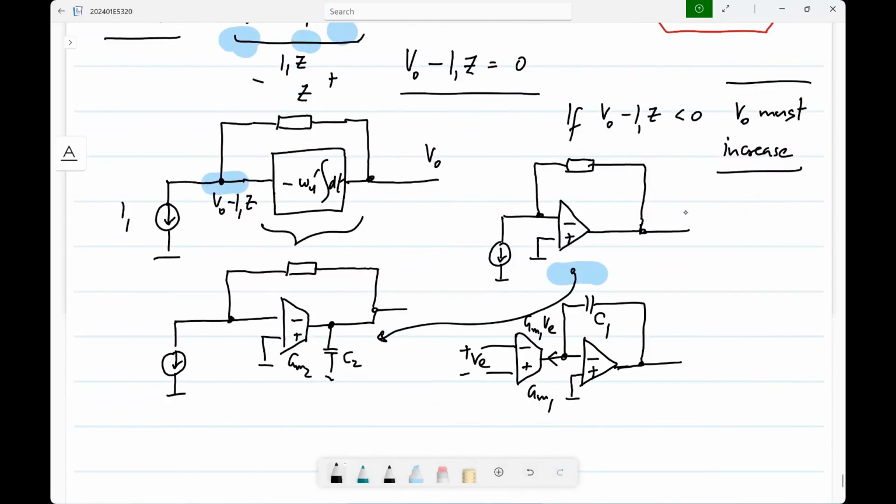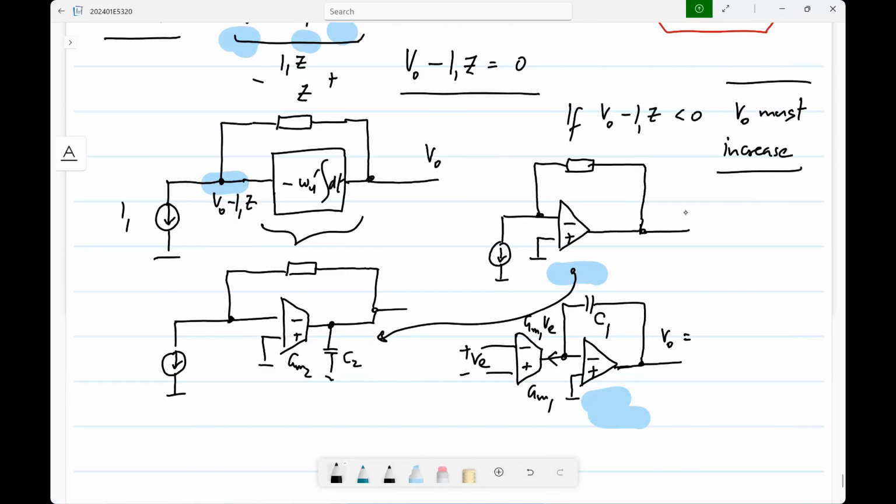Now before I go further, what is the transfer function of this op-amp, assuming an ideal op-amp here? Of course, it doesn't make sense to have an ideal op-amp here. I understand that. But what's the transfer function of this op-amp? What will be V naught? GM1 VE?